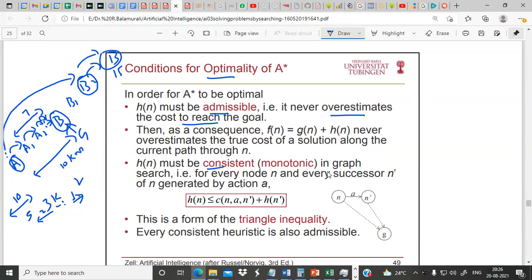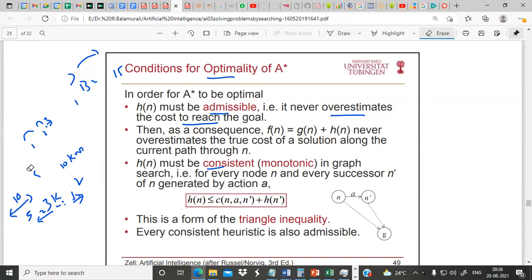Now from B2, it may travel and find this as the goal, and the algorithm may say that I have already found the goal. The algorithm has found the solution, but it is not an optimal solution. So this is the reason the heuristic function should underestimate the goal state. It should never overestimate. Such a heuristic function is called an admissible heuristic function.